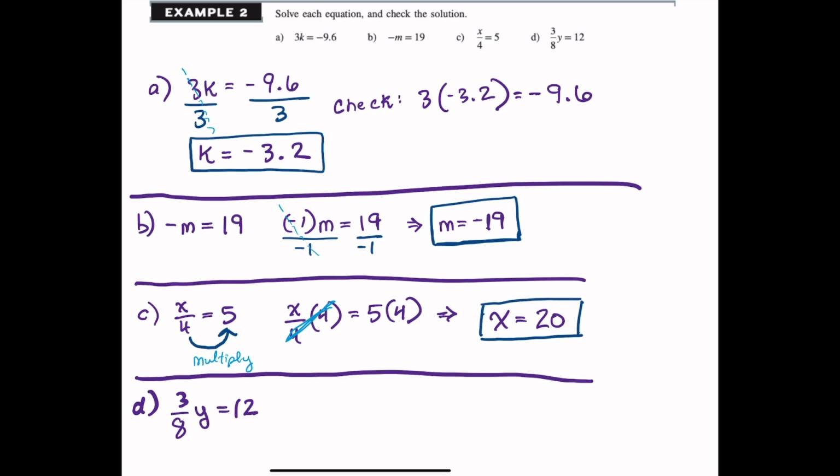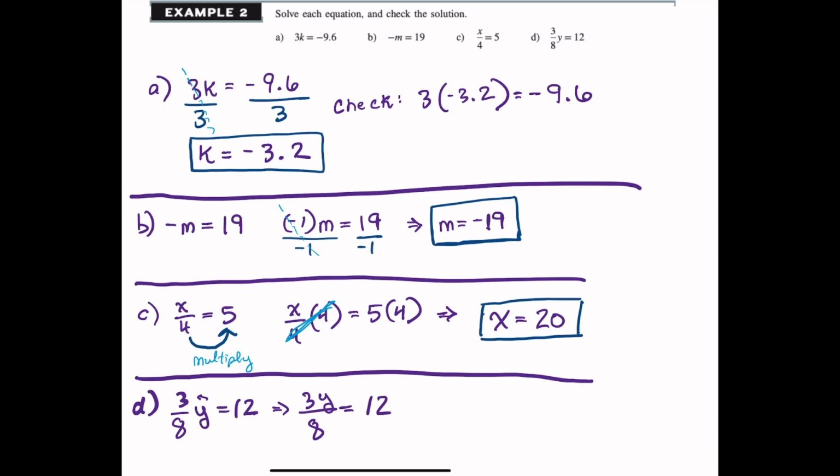So one way we can look at this, we can move this y up into the numerator. So we can write this as 3 times y over 8 equals 12. This might be a little easier to see. There's sort of two things happening here.